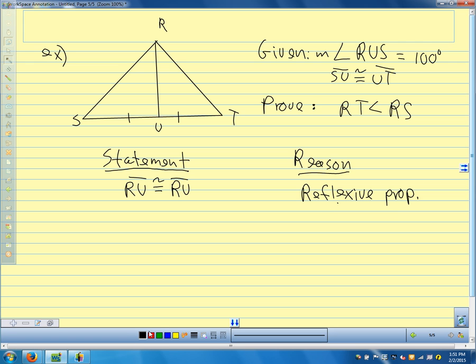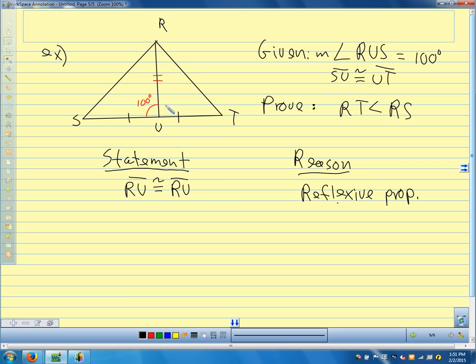All right, so let's mark what we know. This, we figured out that's congruent to itself. Let's mark this angle RUS is 100 degrees. That's from the given. All right, what else can we figure out now? RUT, would it be 100 degrees? 90?